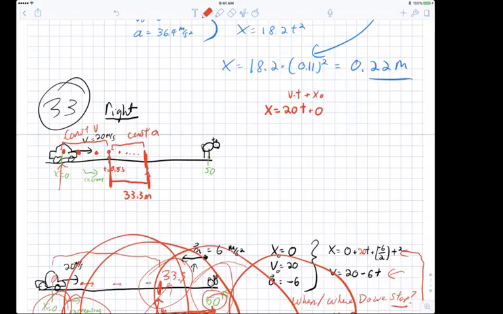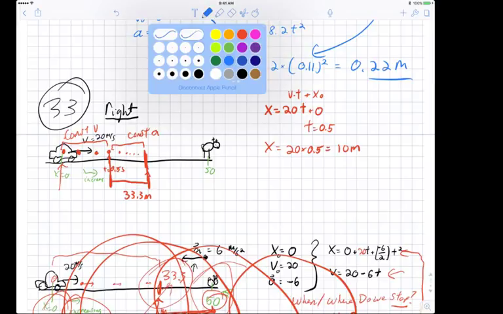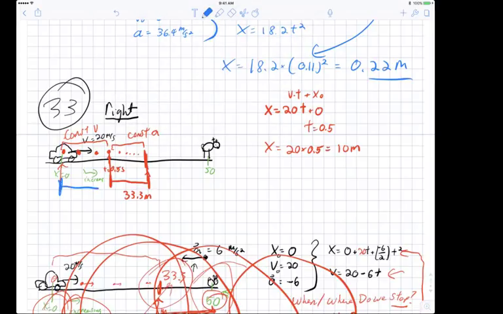It took you 0.5 seconds to recognize that there was a problem, and that puts you at position 10 meters. So we know that this distance here is 10 meters. You know that this distance here is 33 meters.